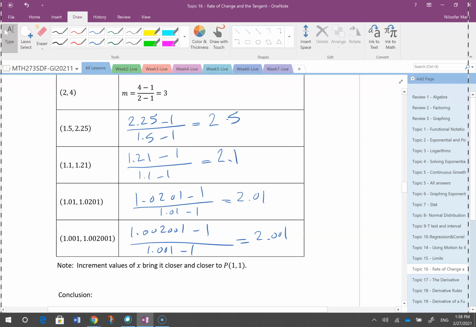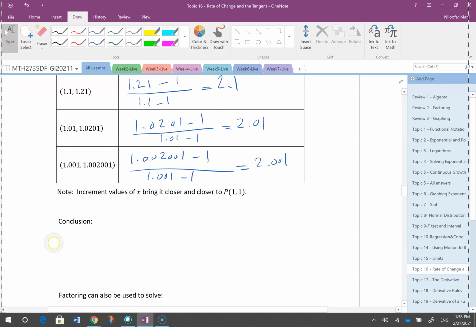So the conclusion is, I can write here, the slope of the tangent line at x equals 1 for y equals f(x), which is x squared, is 2.